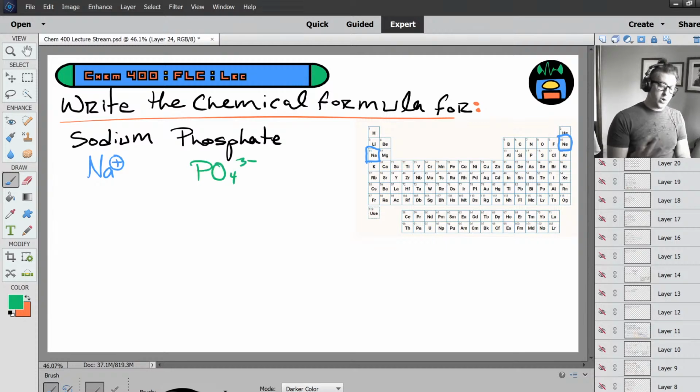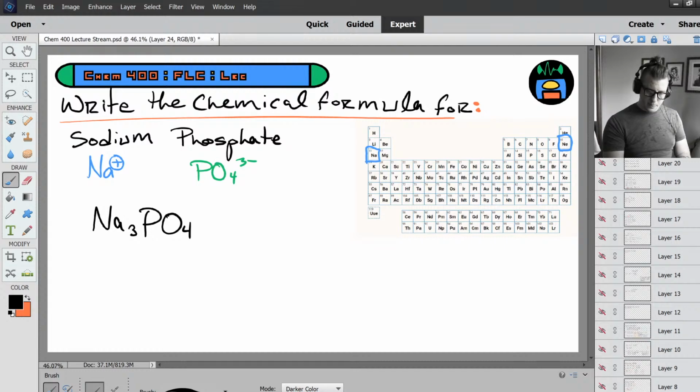We just need to know that phosphate has a formula of PO4 and a charge of -3. All right, so because we have a -3 and a +1, we're going to need 3 sodiums to balance with phosphate. So here, our chemical formula will be Na3PO4.